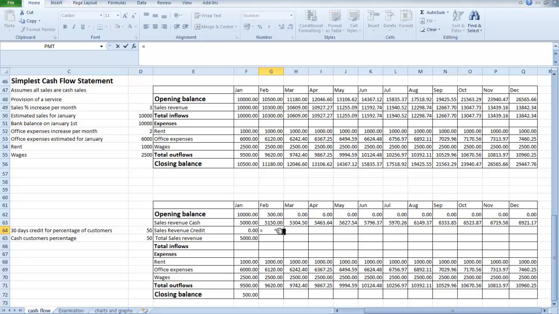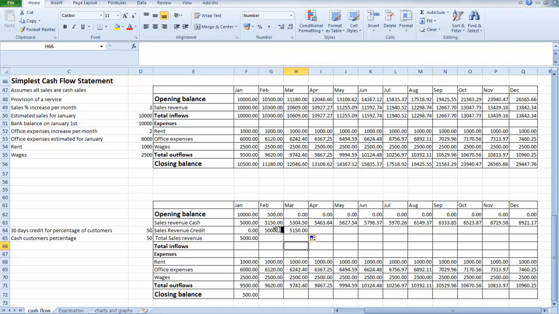So we will say the sales in the previous month were, here we are, we go back to this figure, sales revenue, and we multiply by our percentage of credit customers, which will be a percentage figure, and of course that should be 5,000. And now if we pull that across, you can see that what it's taking now is 50% of the sales revenue here.